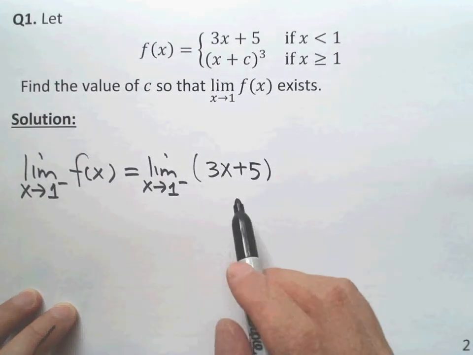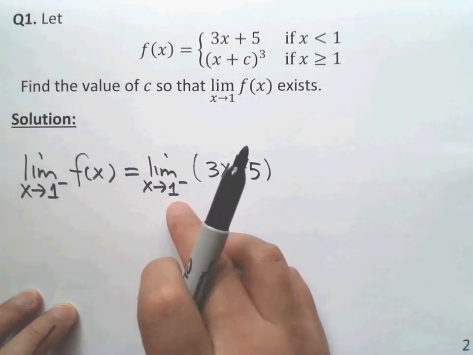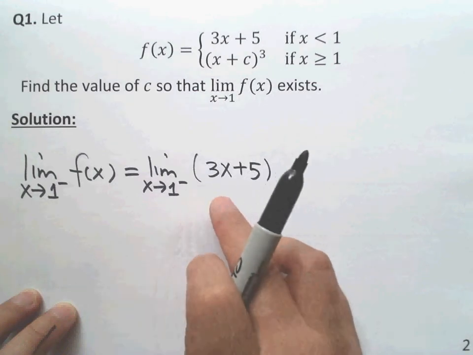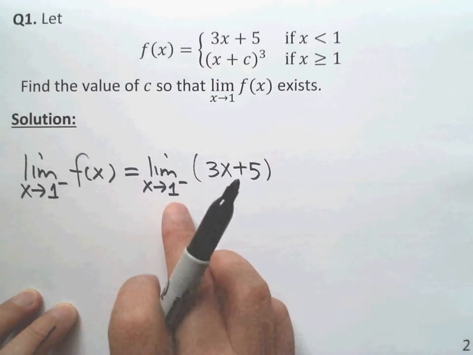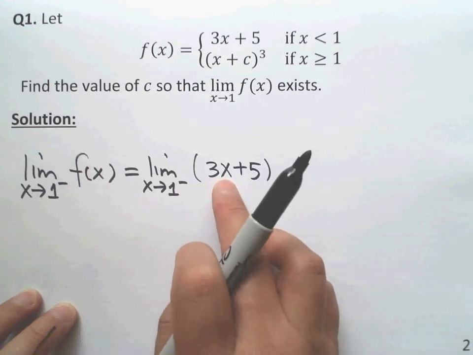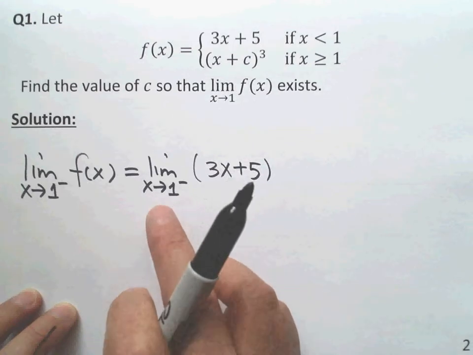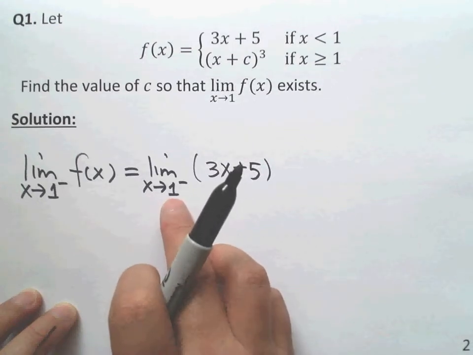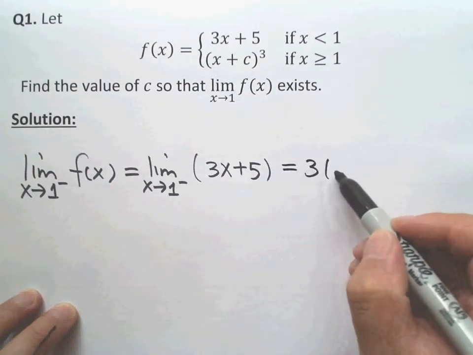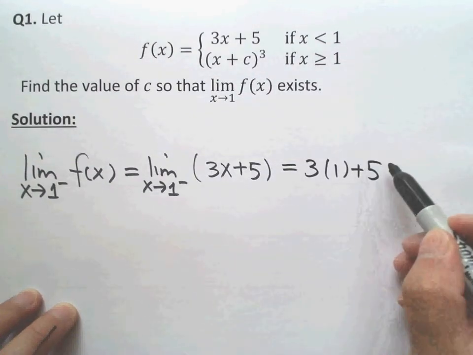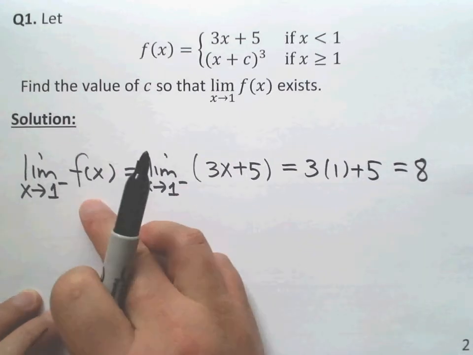That's a polynomial, so we directly substitute. Approaching 1 from the left side, the point is still 1, so we put 1 there. We have 3 times 1 plus 5, which gives 8. So the left-handed limit equals 8.